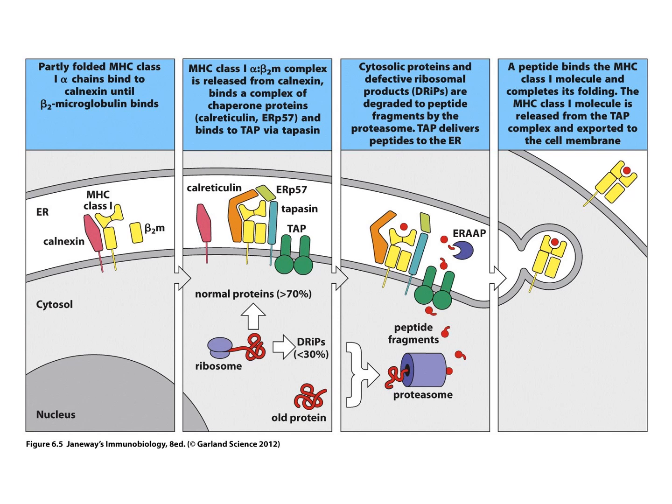Calreticulin acts as a scaffold, along with ERP57 and tapasin, to hold this misfolded class I MHC in place.